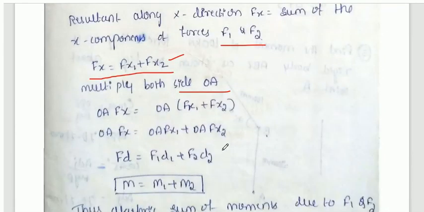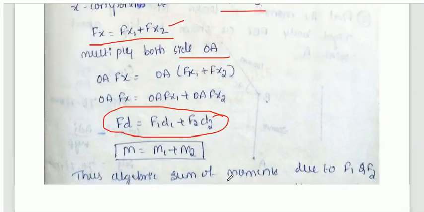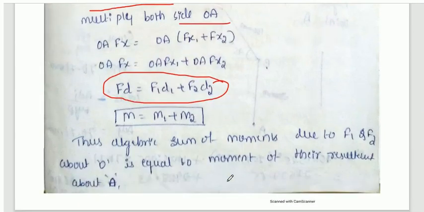By substituting that, you can prove that the moment of resultant, F into D, at the point O is equal to the summation of the moments of all the forces, that is M equals M1 plus M2. Thereby we have proved Varignon's theorem.